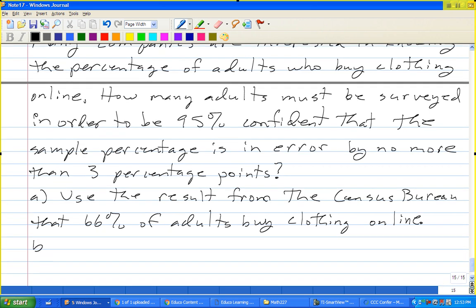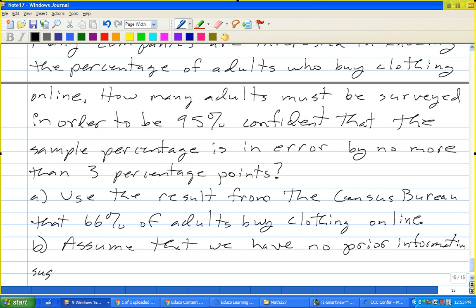B. Assume that we have no prior information suggesting a possible value of the proportion.